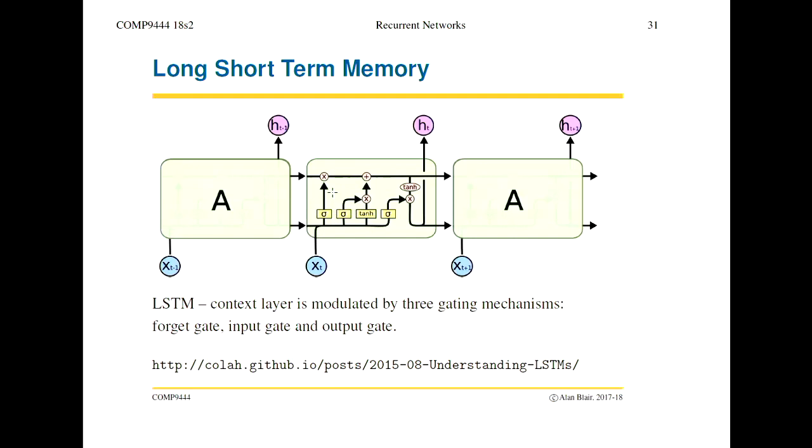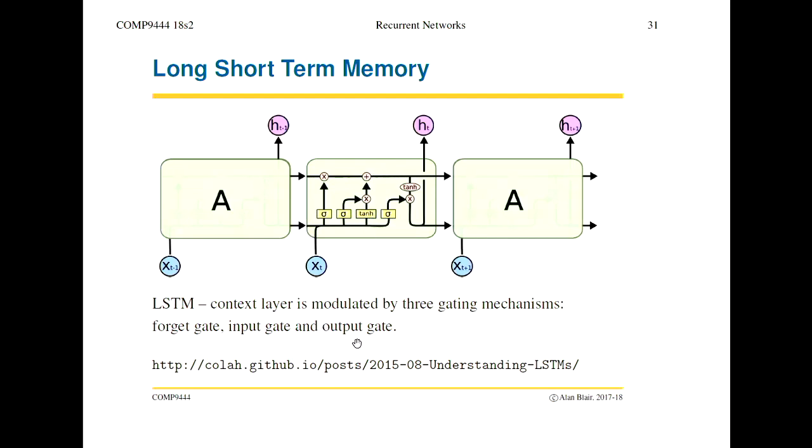So if this sigma is equal to 1, that means add in all of the new value for that component. And again, if it's 0, don't add in anything. And if it's in the middle, you partially add it in. Right? So the previous activation, some of it gets forgotten, and then either some or all of the new activation gets added in.